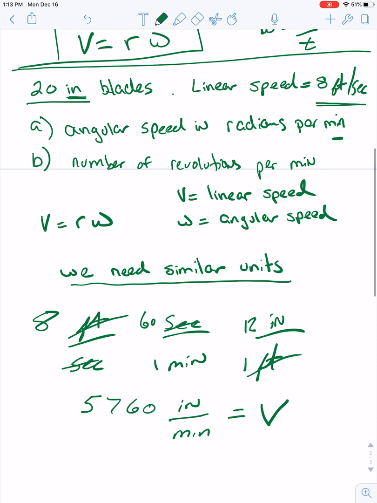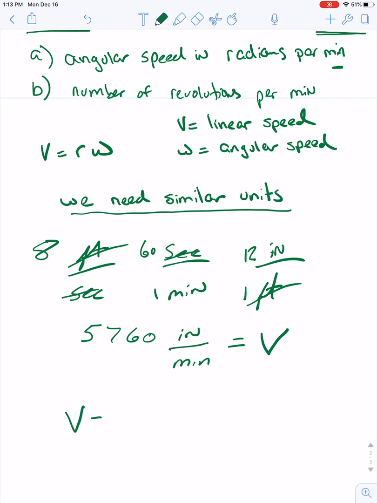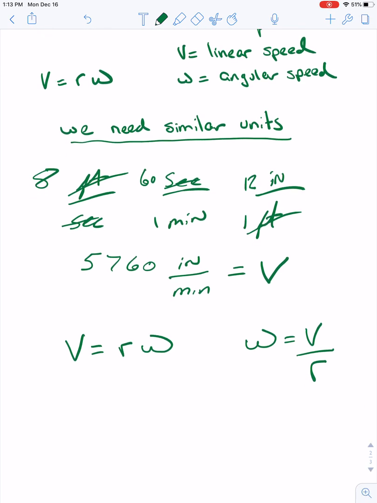So part A wants us to find angular speed. So we go back up here, we have our linear speed equals radius times angular speed. So then angular speed is equal to linear speed divided by radius. Well, linear speed is 5,760 inches per minute, and we are dividing that by 20 inches because that's our radius.